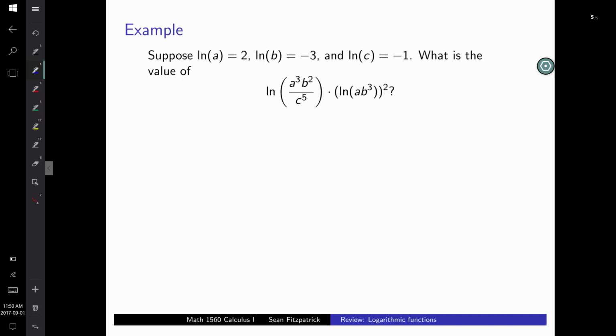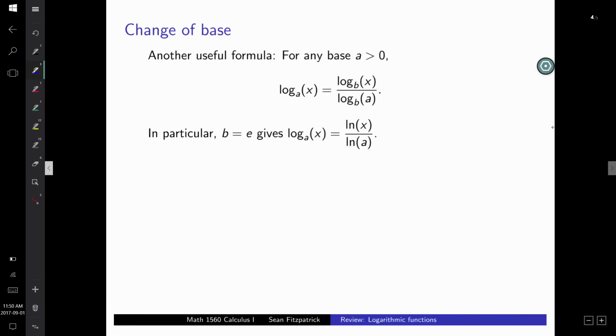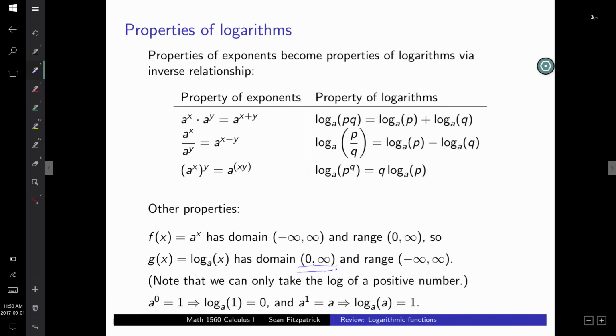Well, we're going to work it out using the properties of the logarithms. One thing I want to be careful to point out: in these log properties, you always have the log on the outside, and it's telling you how to deal with certain types of inputs. If your input is a product, a quotient, or a power, these log properties tell you what to do.